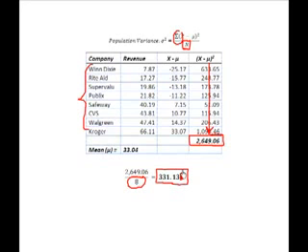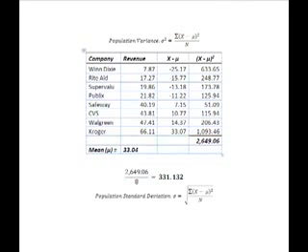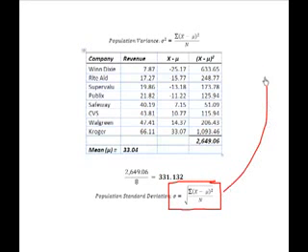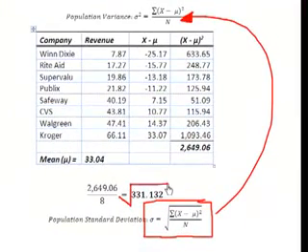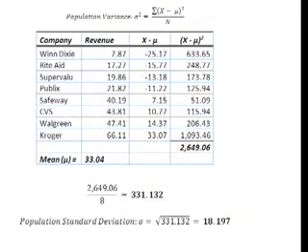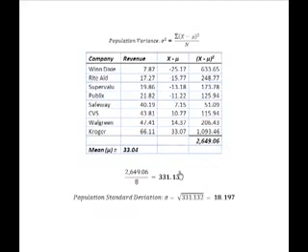So how do we get to the standard deviation? That's the simplest thing you're going to do all day. Because the population standard deviation is simply the square root of this variance formula up here. So in order to calculate the standard deviation, once I have the variance, all I'm going to do is take the square root of 331.132.